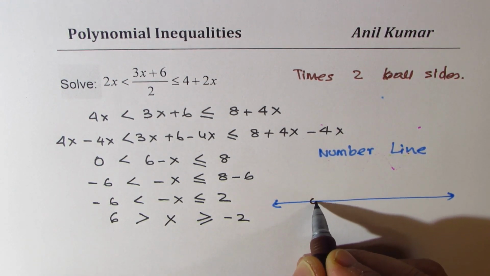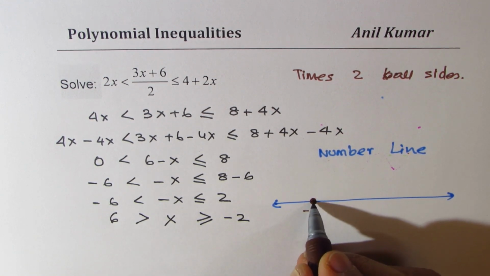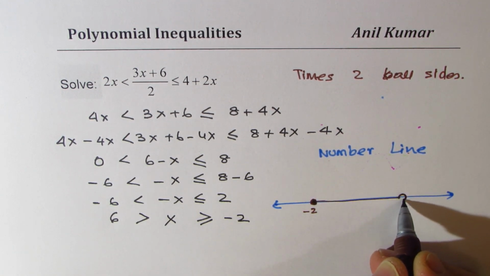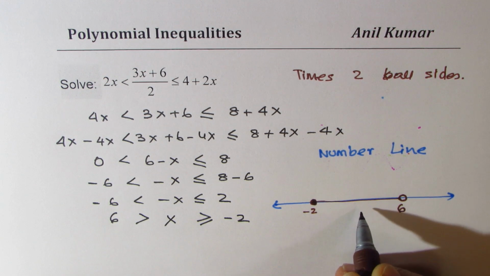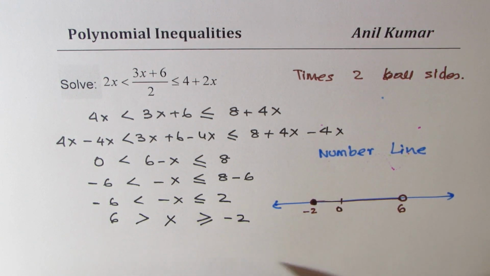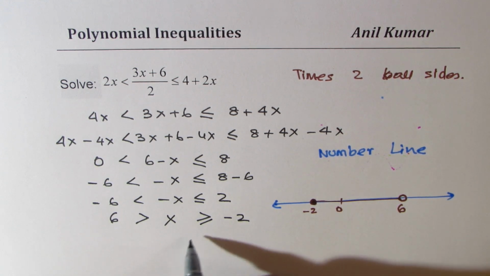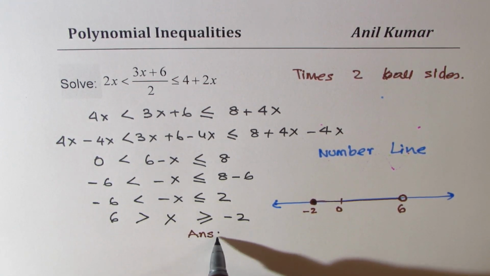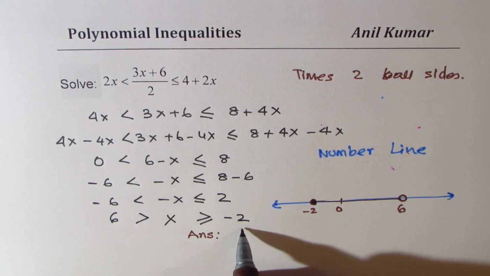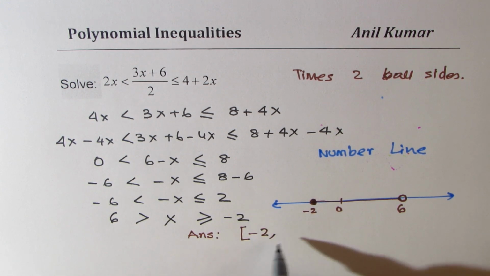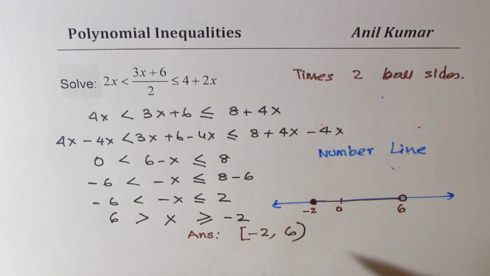So -2 is right there, and since it is included, I'm filling it up, and it goes up to 6, where 6 is not included. You get the idea, right? Somewhere here is 0. So that becomes the solution on a number line, right? So you could write it as just given here, or you could say -2 to 6.